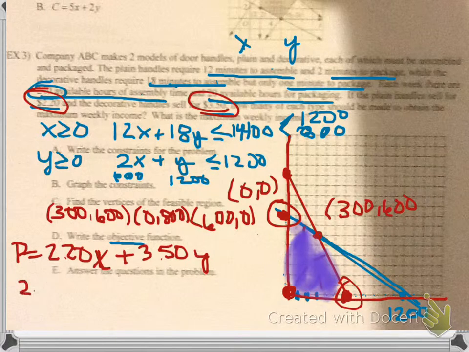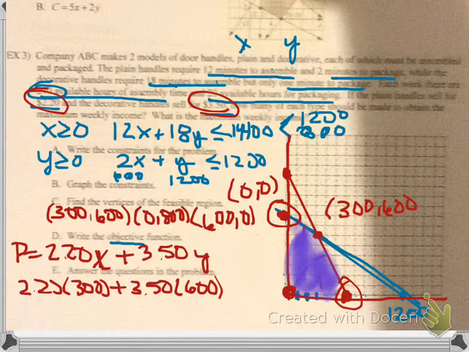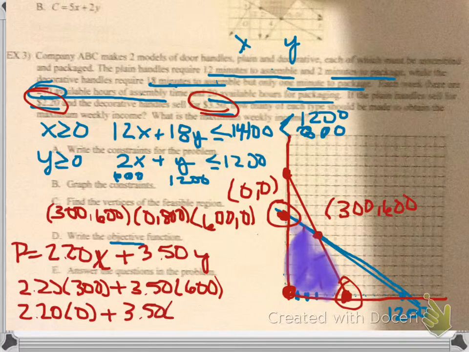So you're saying, what's 220 times 300 plus 350 times 600? Is that going to be a bigger amount than 220 times 0 plus 350 times 800?